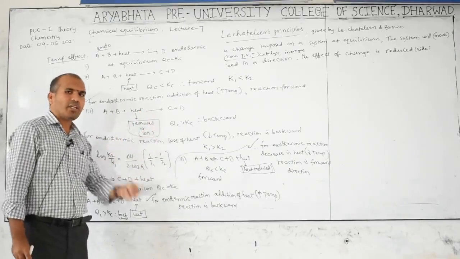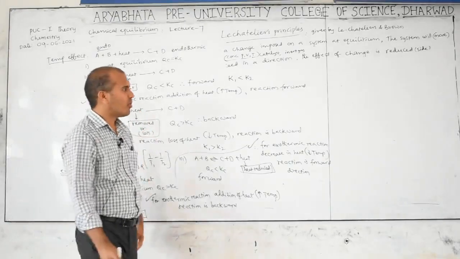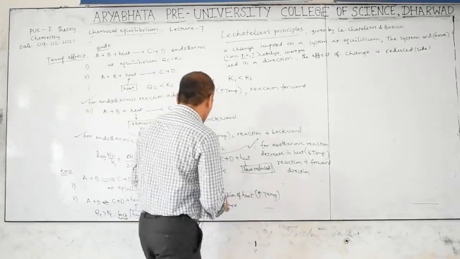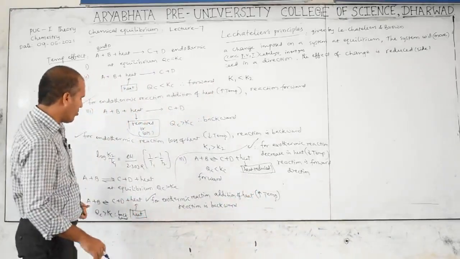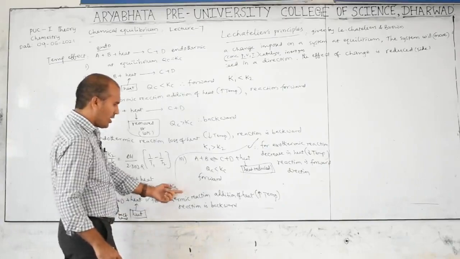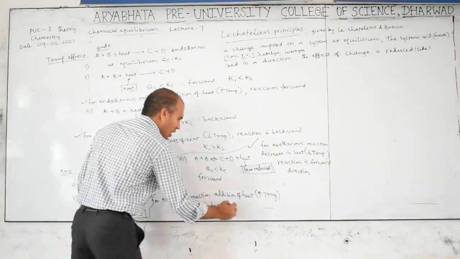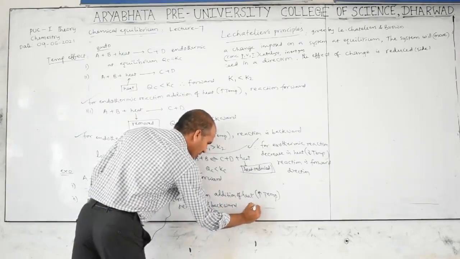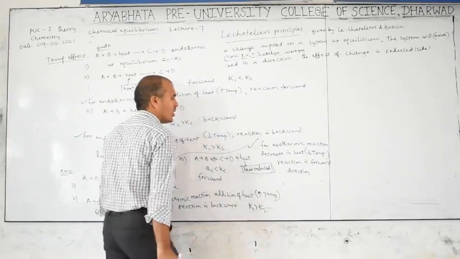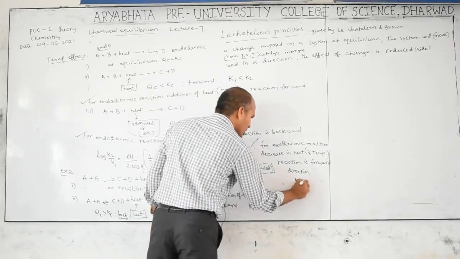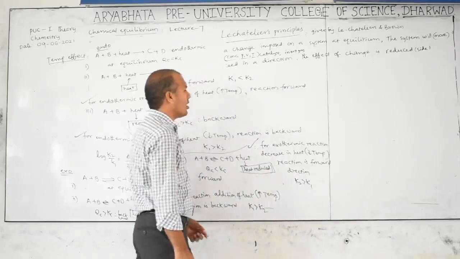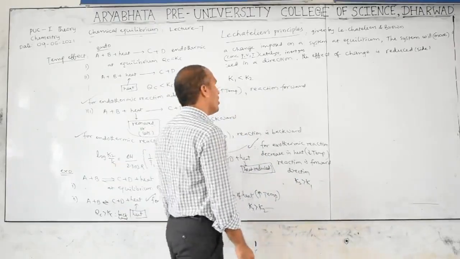First we have to write the equation, then only we will understand what is happening here. In this case it is backward. For exothermic reaction, addition of heat is backward, meaning here K1 is greater than K2. In this case K2 is greater than K1 according to this formula.